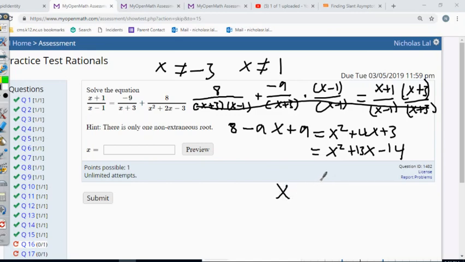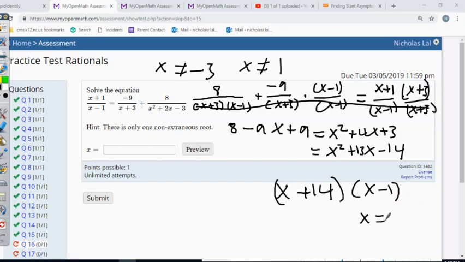X, this is looking very familiar to me. x plus 14, x minus 1. So set these equal to 0.